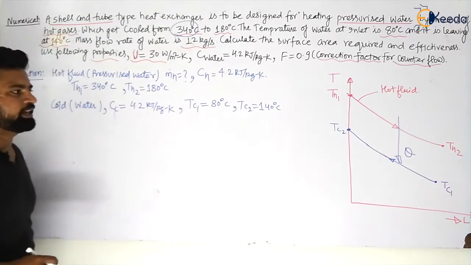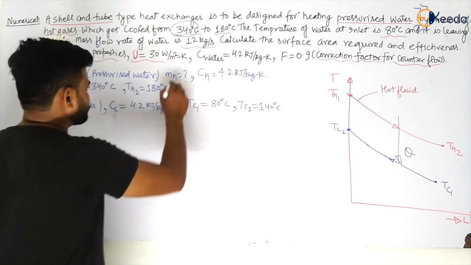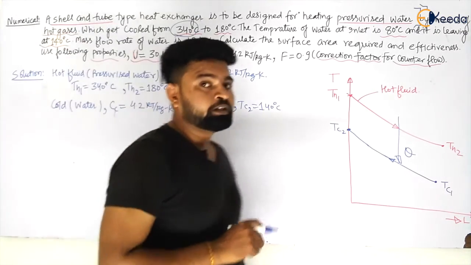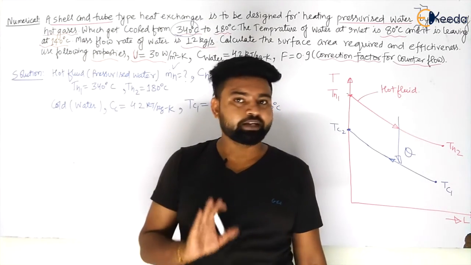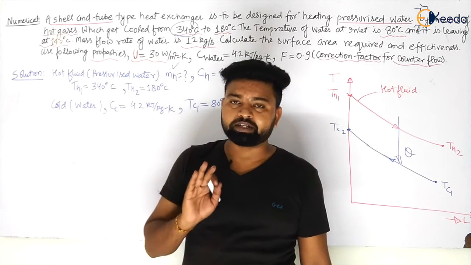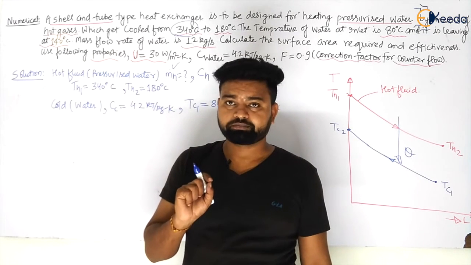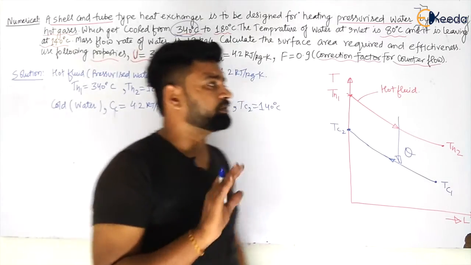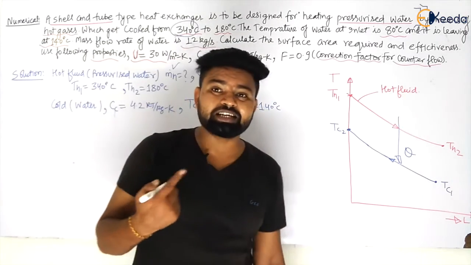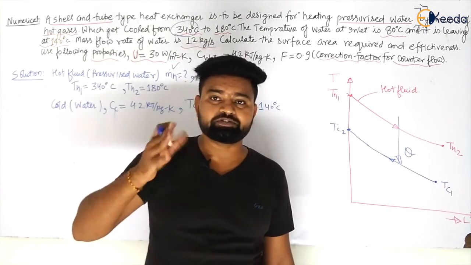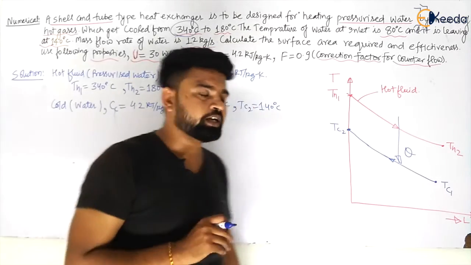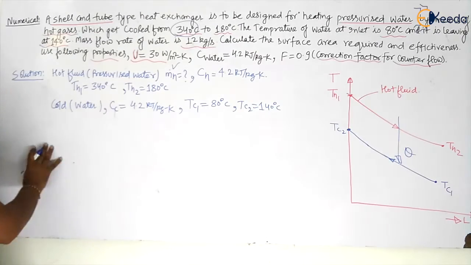Now we have to calculate the area, but first of all we should know the mass flow rate. Why? Because if we want to use the NTU method, then we must know C, the specific heat capacity ratio.